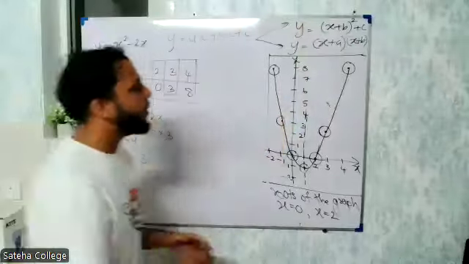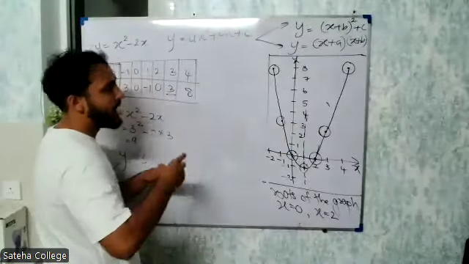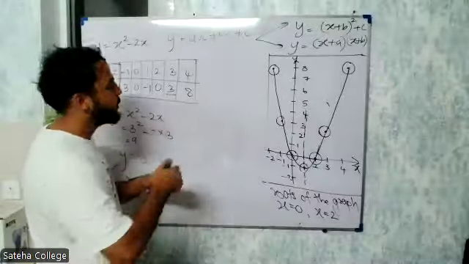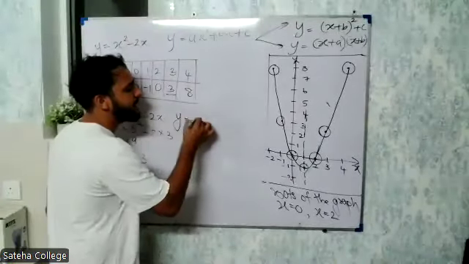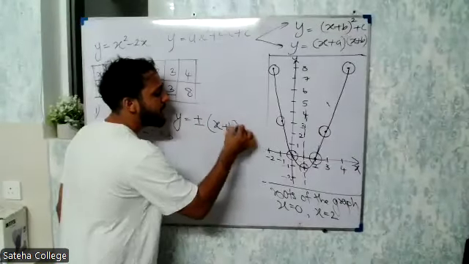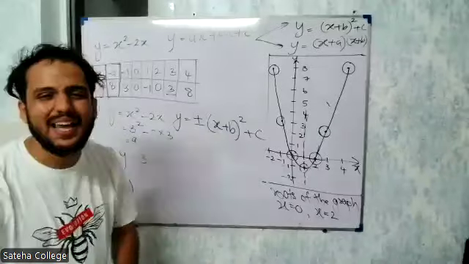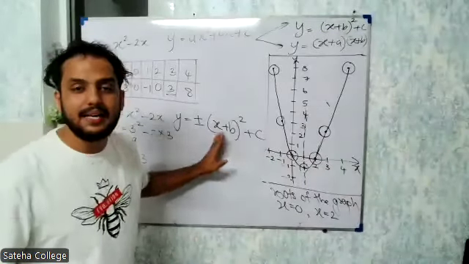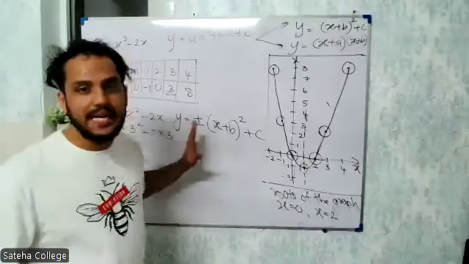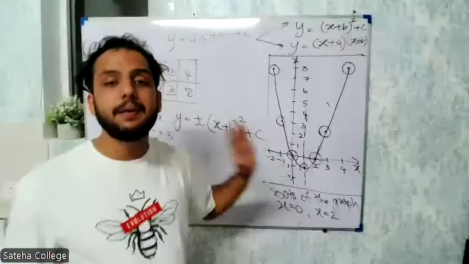Now, this form here, y is equal to, actually it's written properly like this: plus or minus (x plus b) whole thing squared plus c. Now this y and x won't change. x is the x-axis, y is the y-axis. That will never change, right? So what you have to know is what this b and c are.